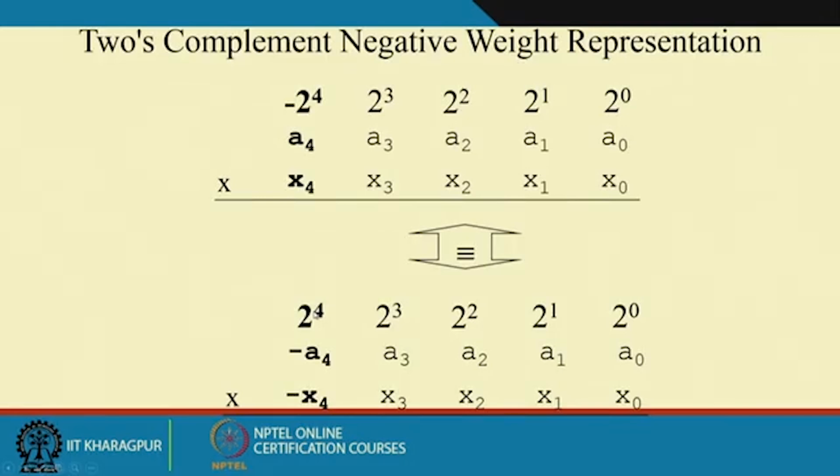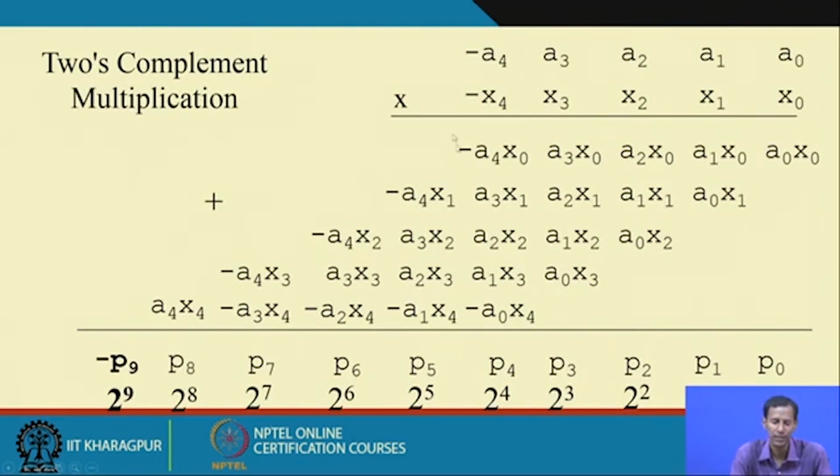Okay. Apart from that, there is another method. Suppose this is the 2's complement multiplication format, where this is A and this is B. The multiplier and multiplicand are both represented in 2's complement format. So, the MSB of A represents minus A4, and the MSB of the multiplier represents minus X4.